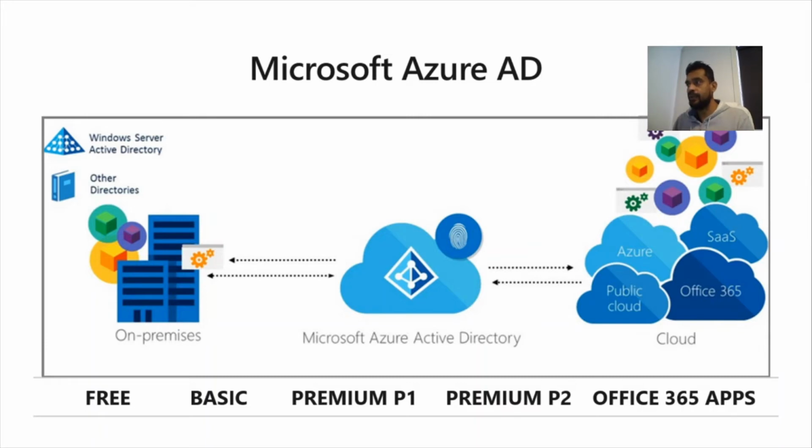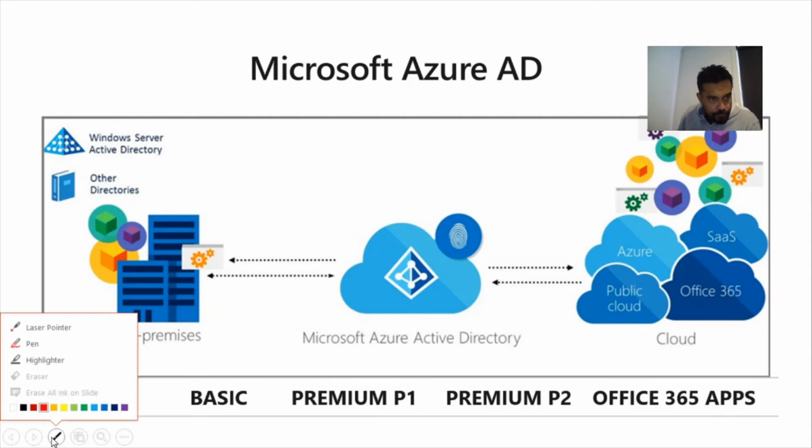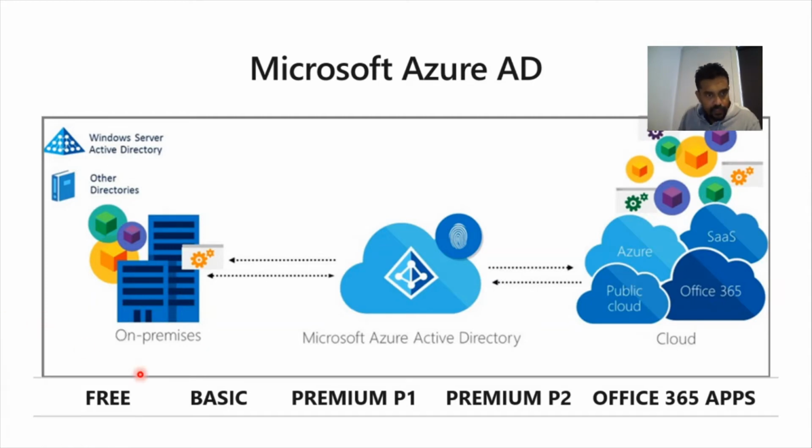Azure Active Directory has a few versions: we have the free version, basic, and now only standard, then premium 1, premium 2, and the Office 365 apps version. Depending on the subscription you obtain for Office 365, you get a specific version of Azure Active Directory. Mostly you get the free version, and with some Office 365 offerings, for example E5, you get the premium version.